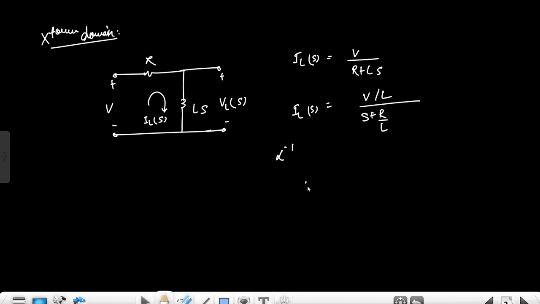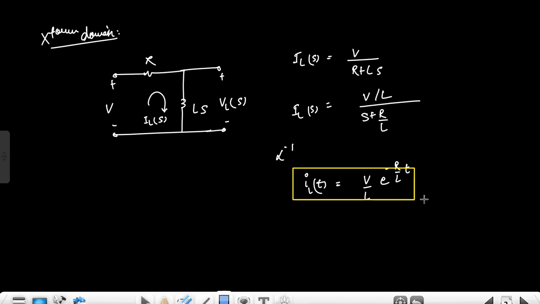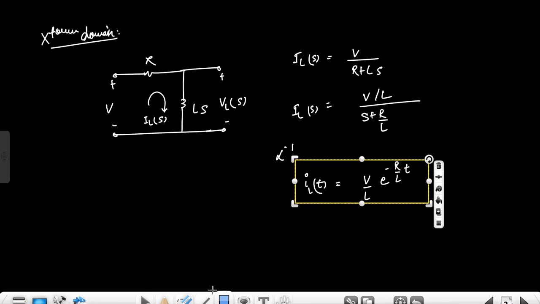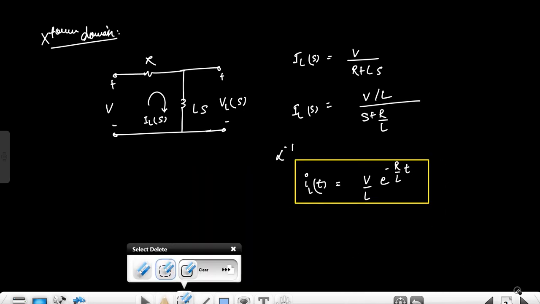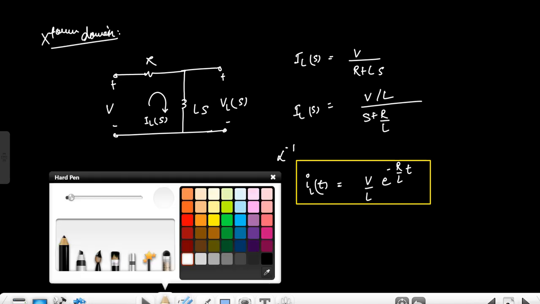Now taking the Laplace inverse, IL(t) is V by L times e raised to the power minus R by L of t. So this is the current equation, which we can see is a standard discharging equation, right? Let's draw the waveform.